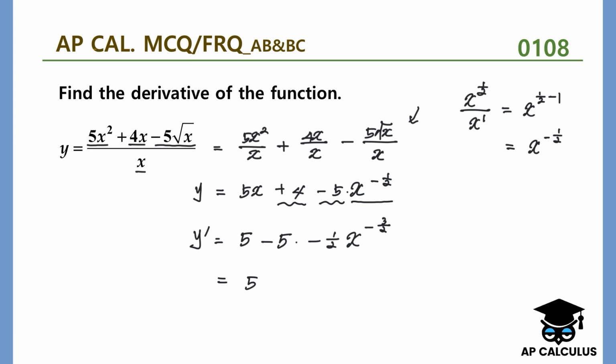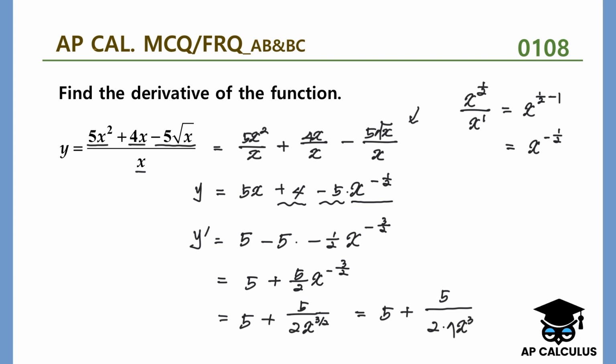So that's plus 5 times 1/2, 5 over 2 x to the power of negative 3 over 2, and that's 5 plus 5 over 2 times x to the power of 3/2, right? Or we can rewrite this expression 5 plus 5 over 2 times x to the power of 3 with a square root. Over 2 is a square root, right?